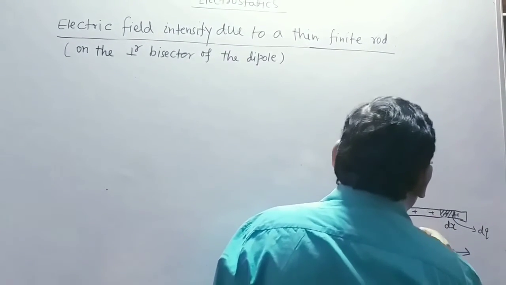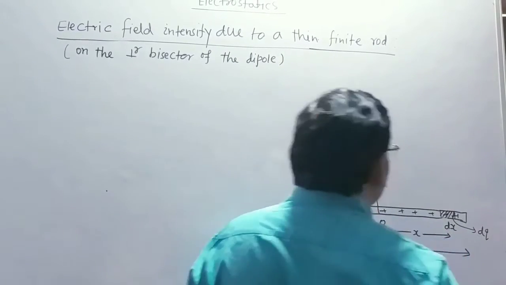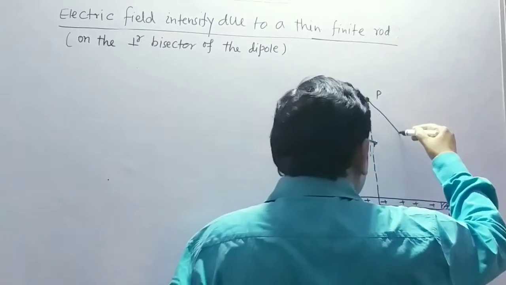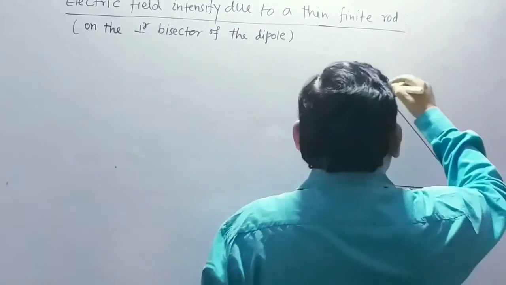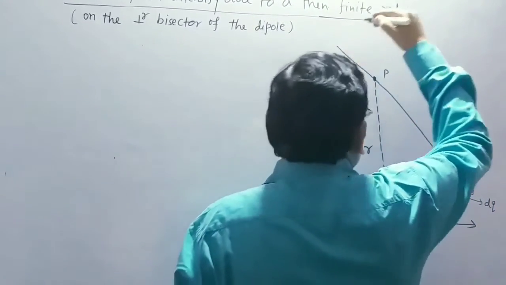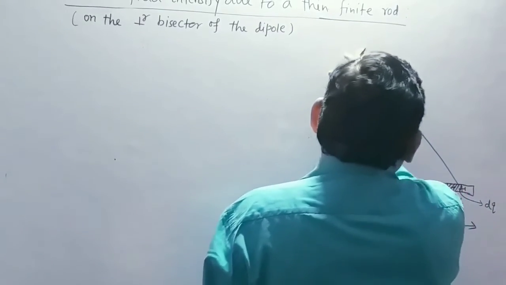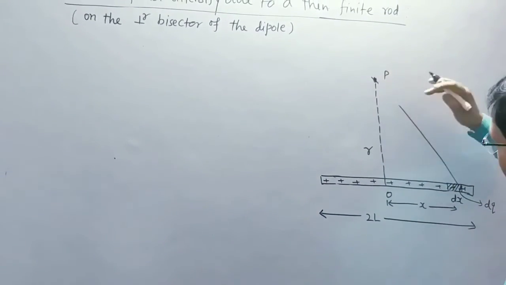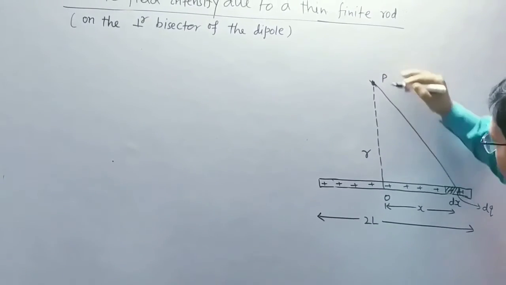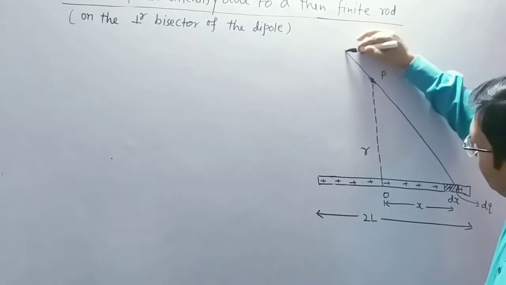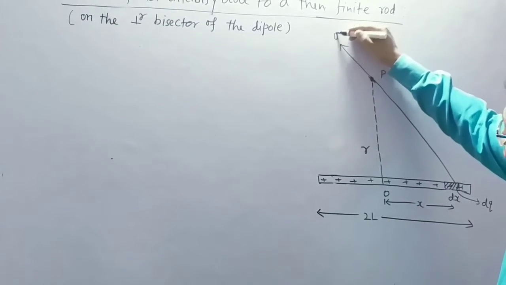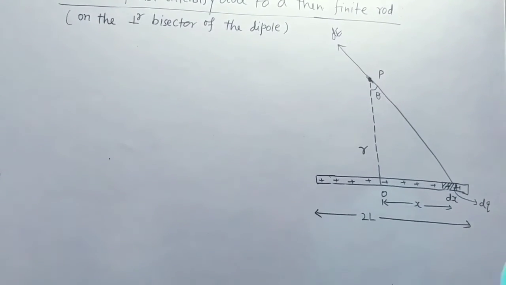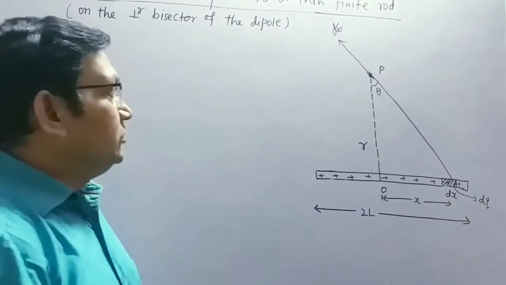And dx is at a small distance x from point O. First of all, we connect this small element to P, and the direction of the electric field is this side. This is the direction of the electric field dE, and take this angle theta. So again, resolving dE into two components.